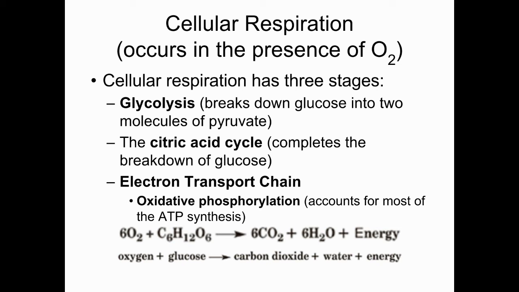I'll give you some points as well, where the citric acid cycle occurs. And there at the end, we have our electron transport chain. All right, so this is just a good kind of, hey, these are the key steps of this process.